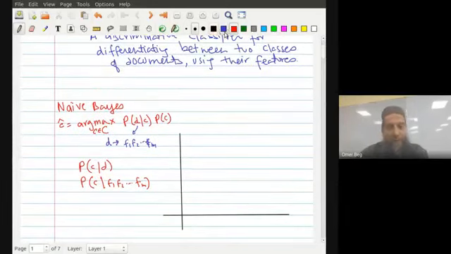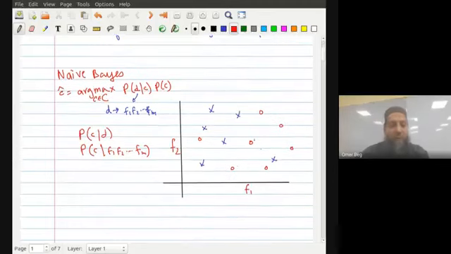Let me show you the same using this graph. Let's say you have documents of class 1, and they're distributed in the space like this according to features. Let's say this is feature 1 and this is feature 2. You have the other documents as well. So you have two types of documents, and now you want to differentiate between them.